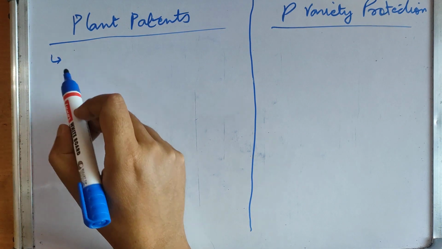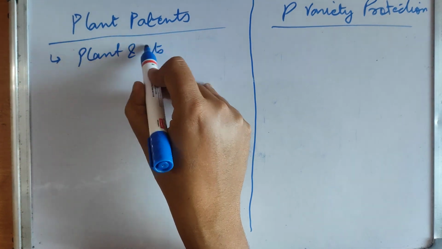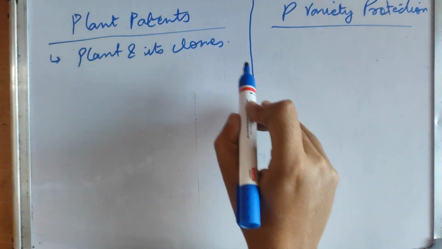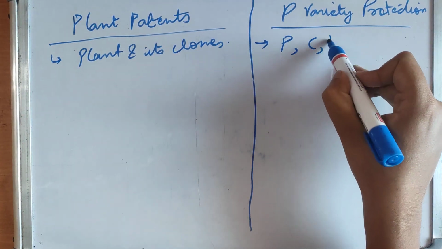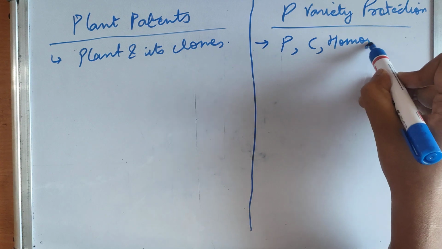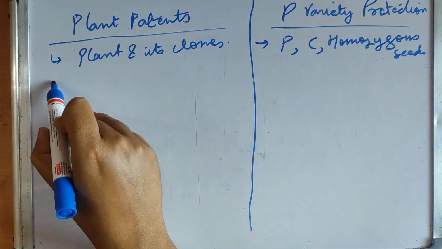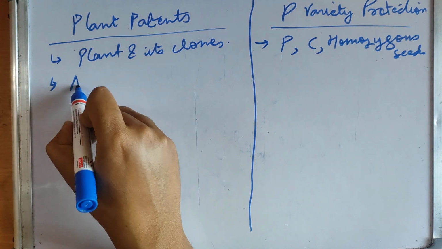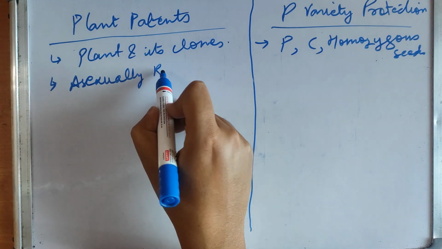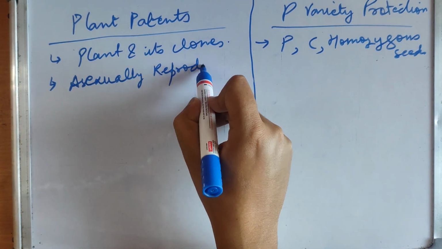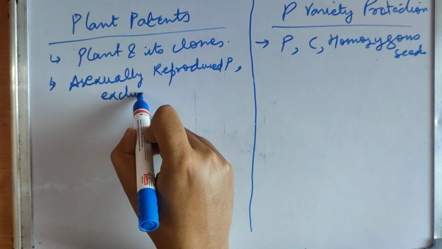In a plant patent, we give protection to the plant and its clones. In plant variety protection, there is protection for plants, its clones, and its homozygous seeds also. Plant patents protect asexually reproduced plants, excluding edible tubers.